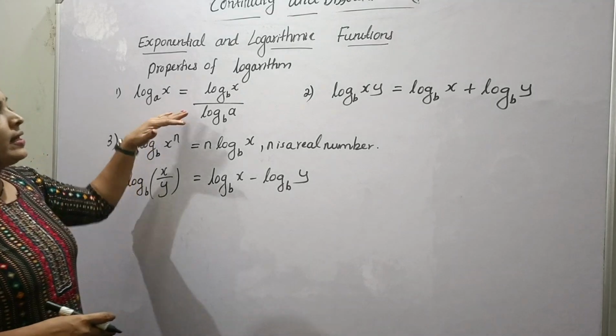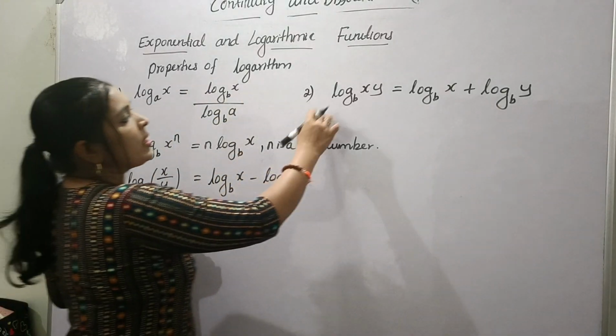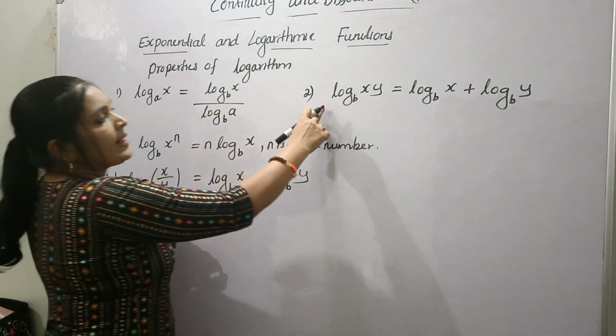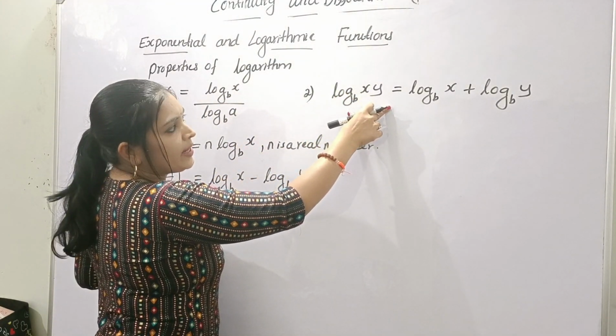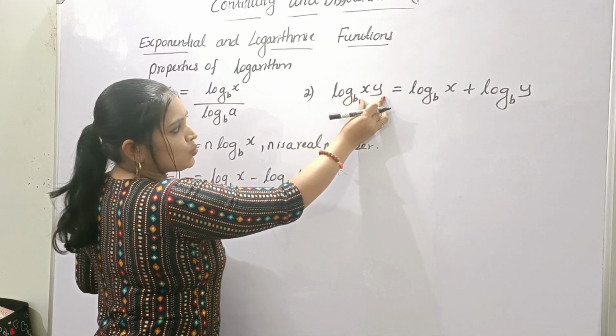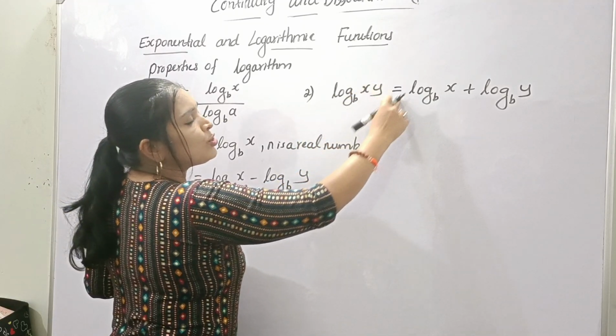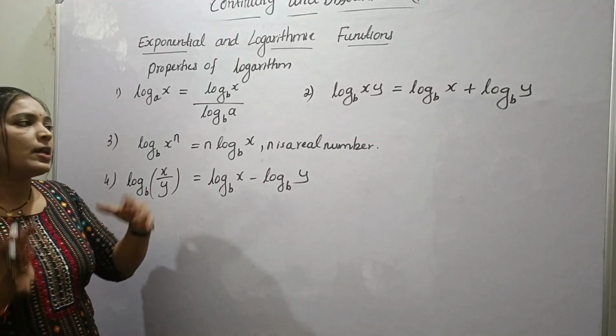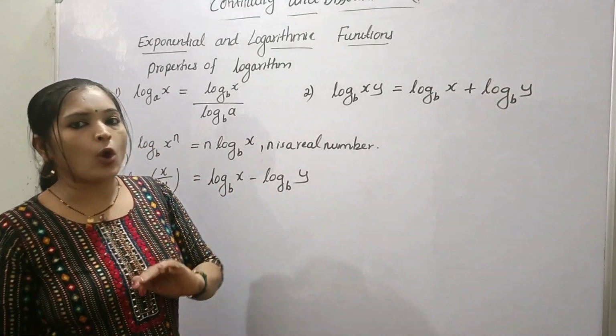Next, log xy, the product of two variables: log xy to the base b is equal to log x plus log y. Whatever the base is, log xy is equal to log x plus log y.